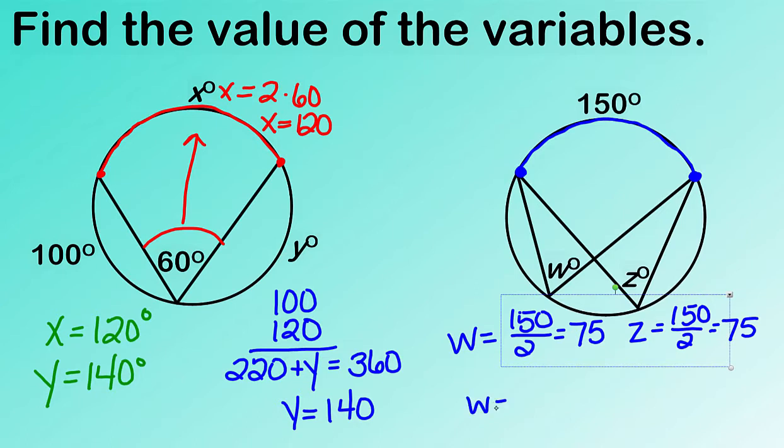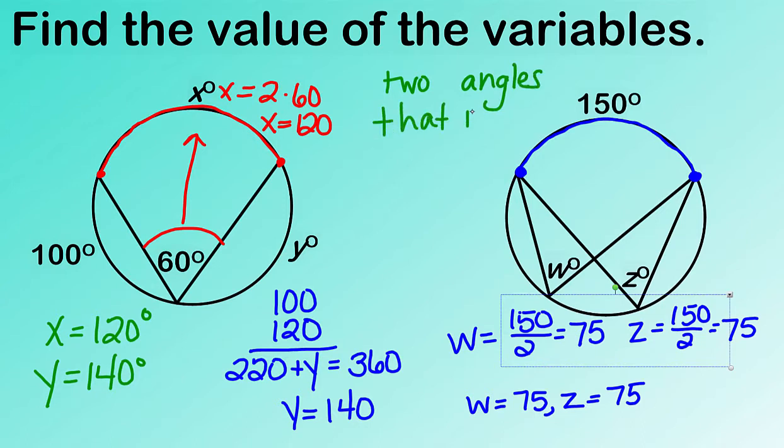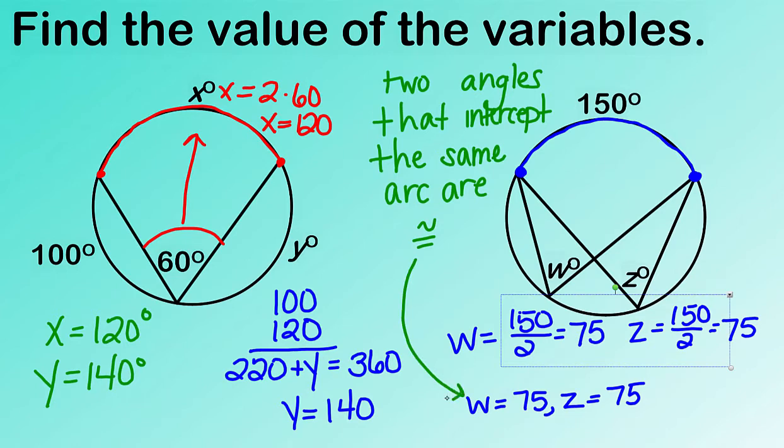So W is equal to 75 and Z is equal to 75. I know that two angles that intercept the same arc are congruent. So that is why W and Z are equal to the same thing.